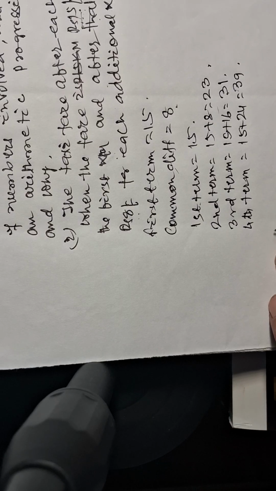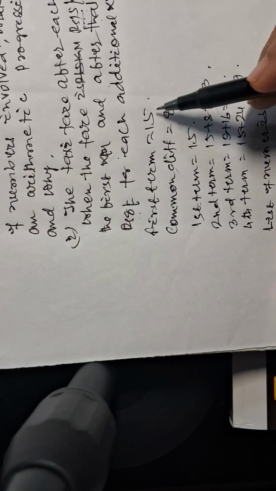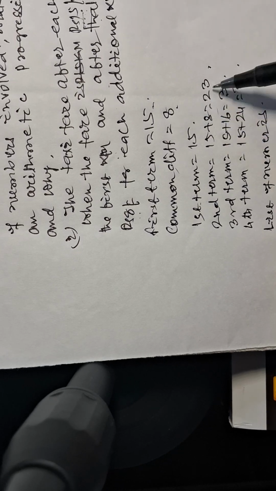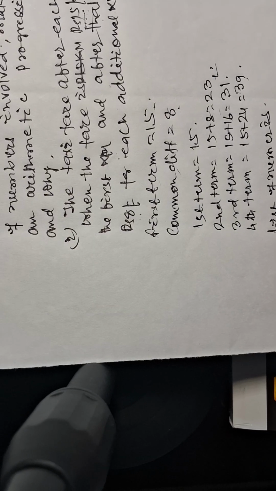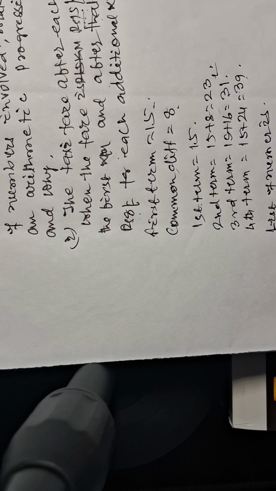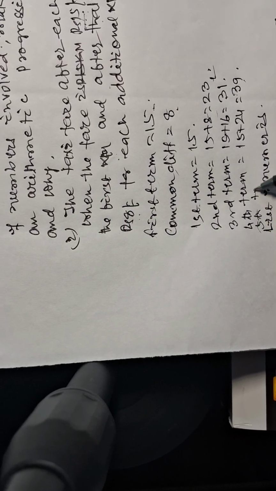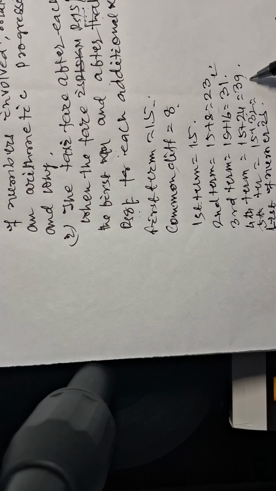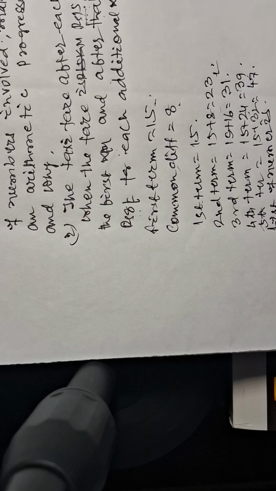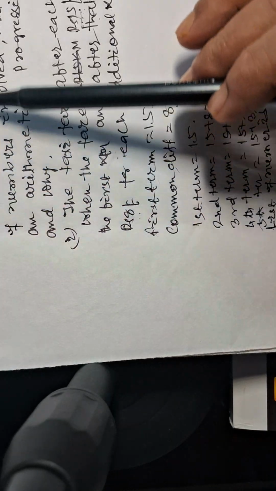In this way, the list of numbers is: first 15, second 23, third 31, fourth 39, and we may continue. The fifth term is 15 plus 32, which is 47. The question was, in which situation does the list of numbers make an arithmetic progression.